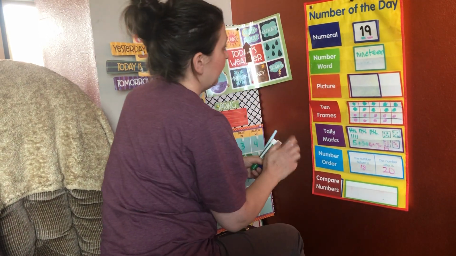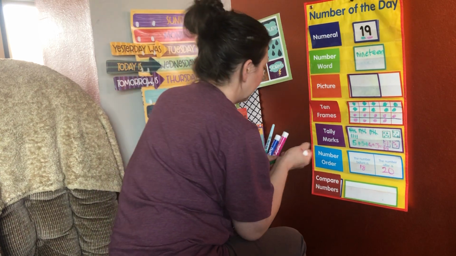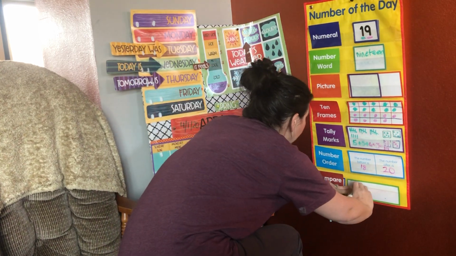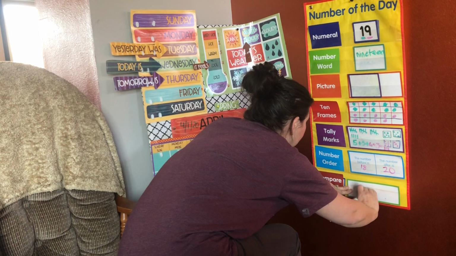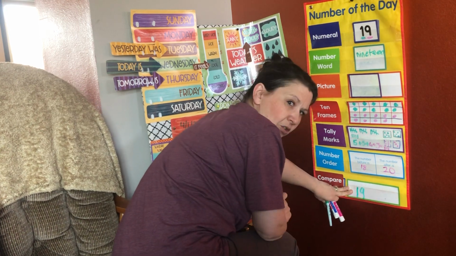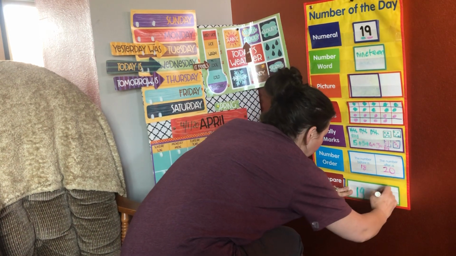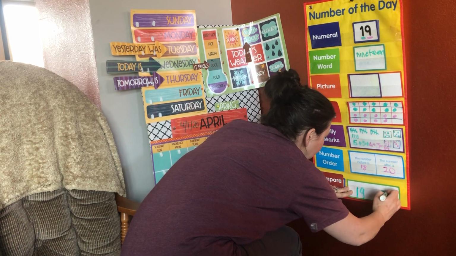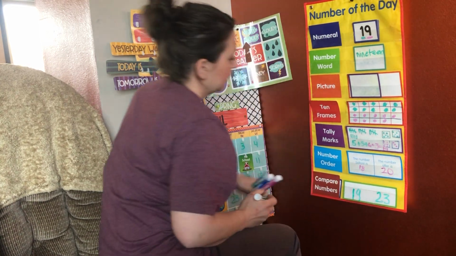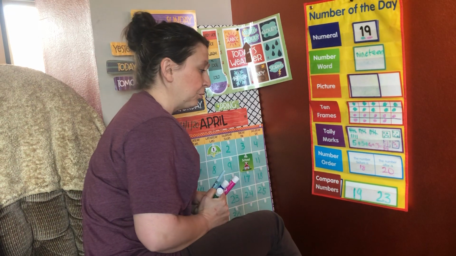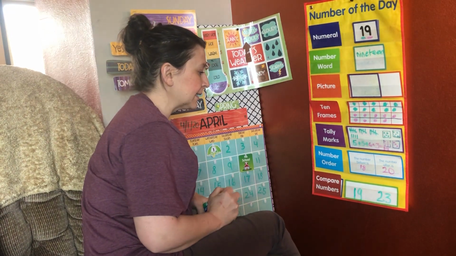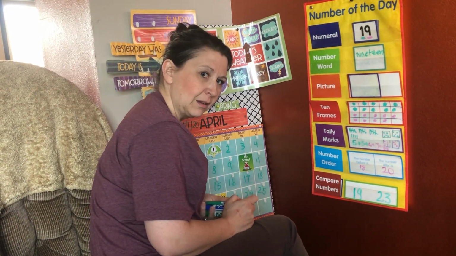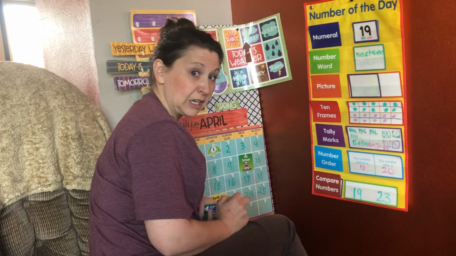Here's a fun one that we haven't been getting to do. One of my favorites, the comparing numbers. We've got the number 19, and I'm going to try and trick you with the number 23. Which way should that alligator go? Does he want to eat the 19 or the 23? You know he's extra hungry and he likes to go for the bigger number.